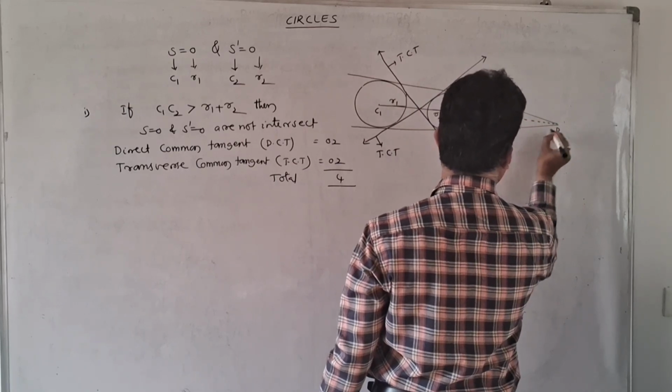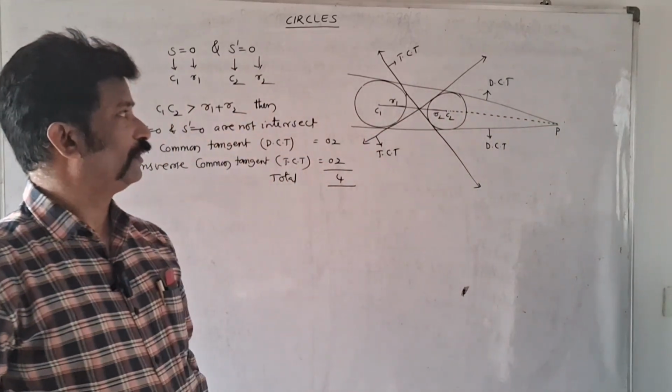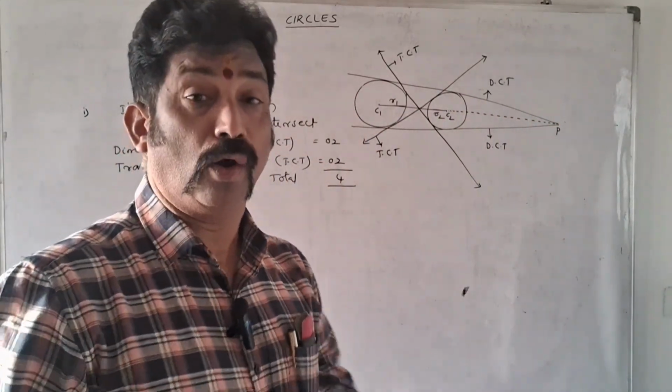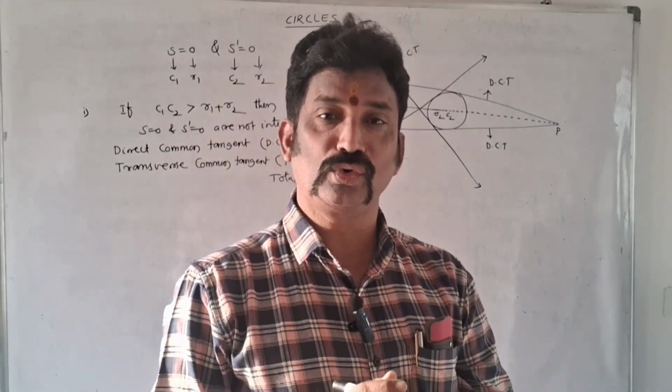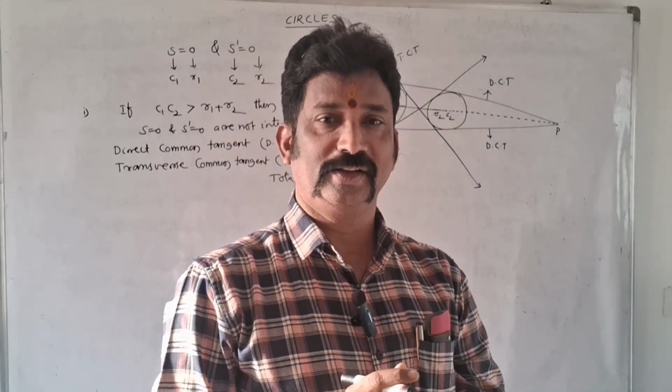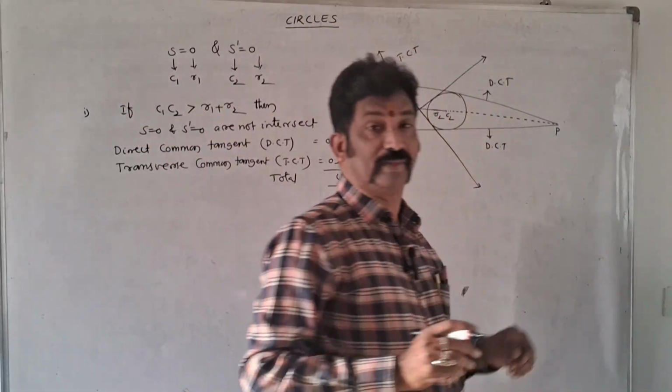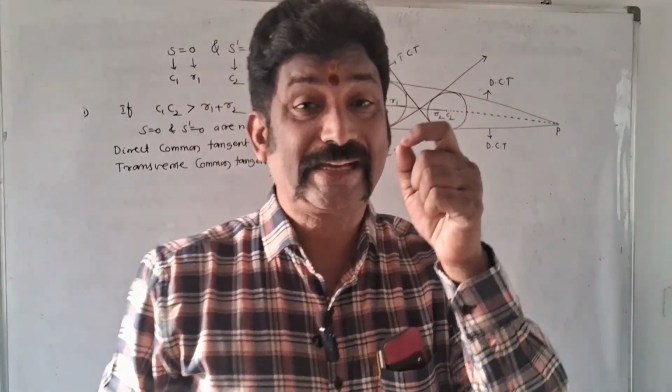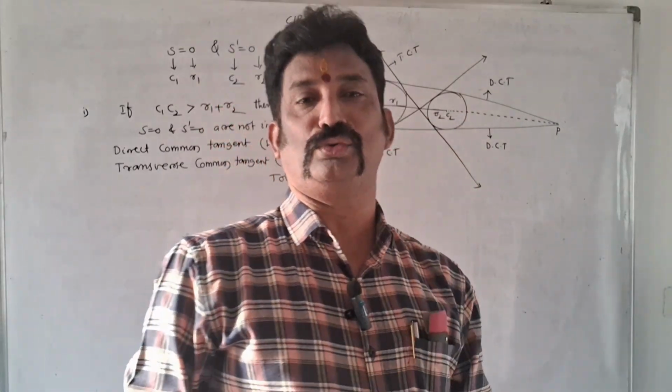Now suppose this one is P, the point of intersection. How to find this point P? That point P is called the external center of similitude.